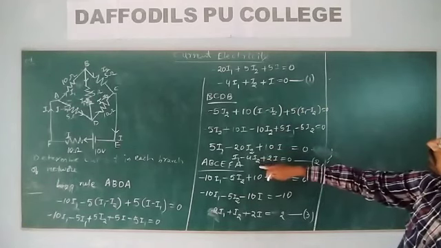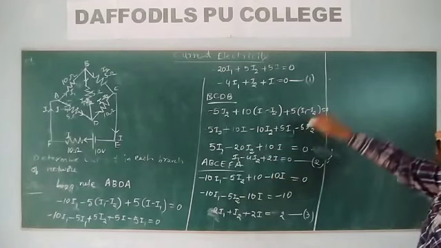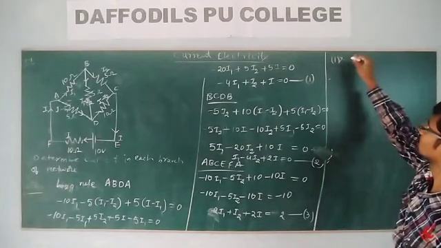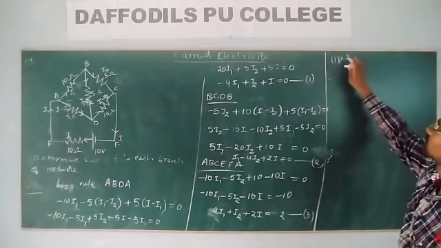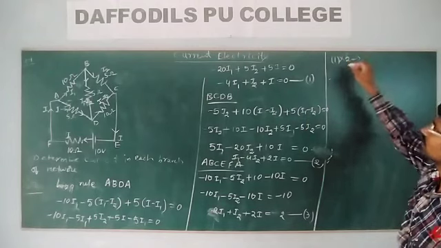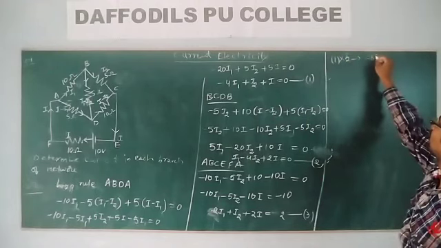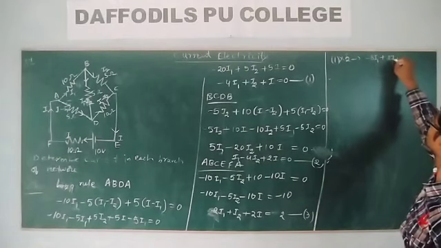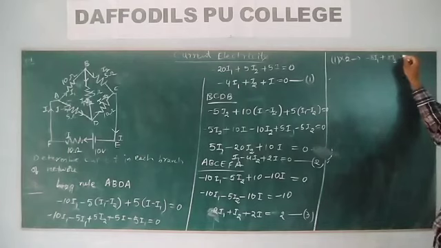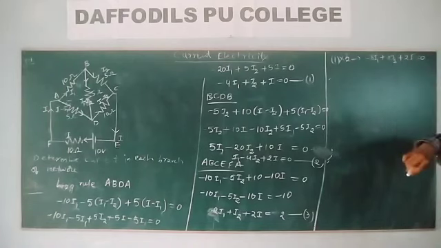Let me multiply the first equation with 2. So what do you get here? Minus 8I1 plus 2I2 plus 2I is equal to 0.